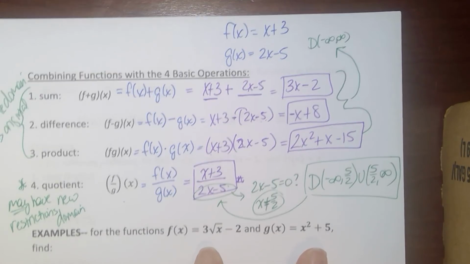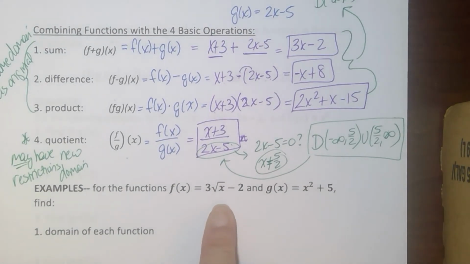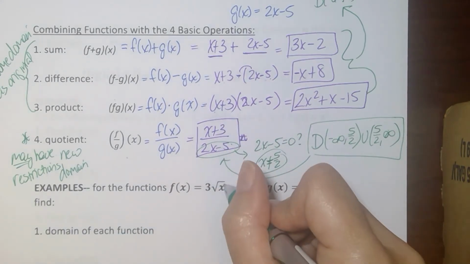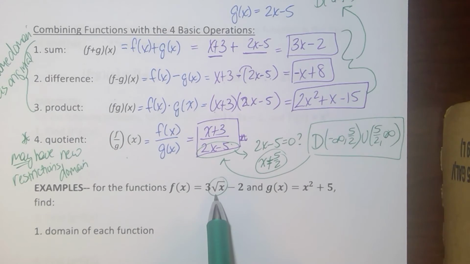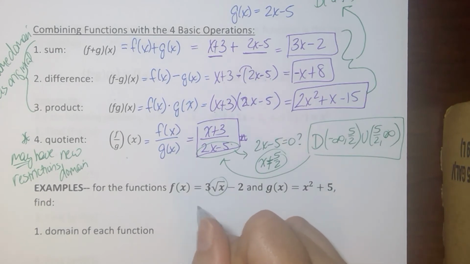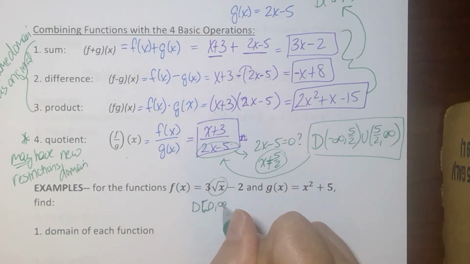Instead of linear functions, I have a square root function and I have a quadratic function. Now, my square root function has limits on the domain. When I look at square root of x, I need to make sure that that is 0 or positive. So I can't use a negative value for x. So my domain for this function is 0 to positive infinity.